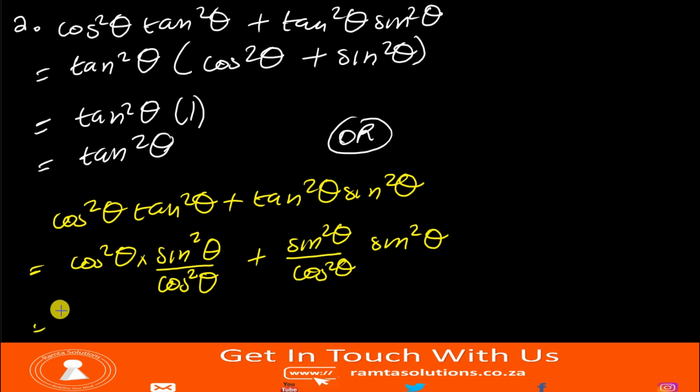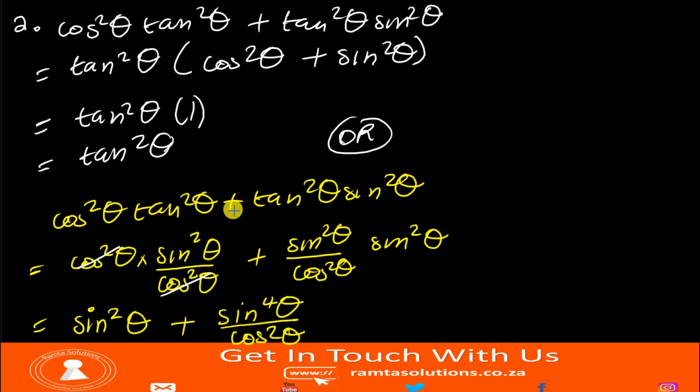What do you see now? The cosines are cancelling. What are you left with? You are left with sine squared theta plus sine squared theta times sine squared theta, which will be sine to the 4 theta, all over cos squared theta.